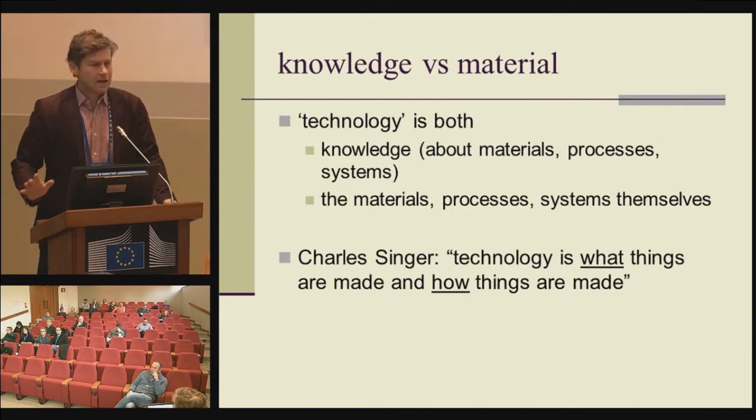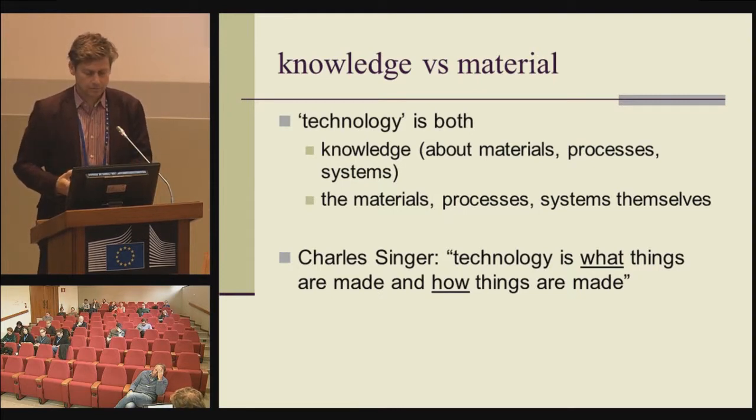Okay, a third tension, again already in the definitions, is: is technology about knowledge or is it about the material? And I repeat here the definition of Charles Singer: what things are made, how things are made.